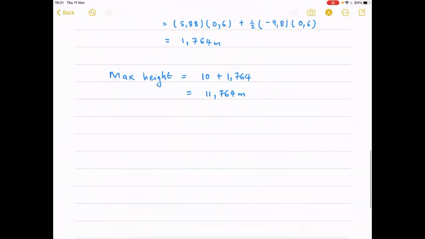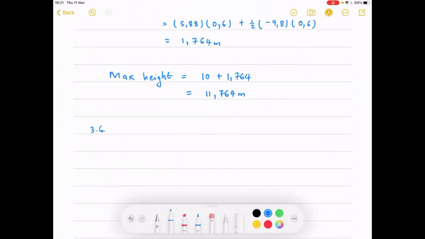So that's 3.6. Okay, so the equation we're going to use is VF squared is equal to VI squared plus 2A delta Y.